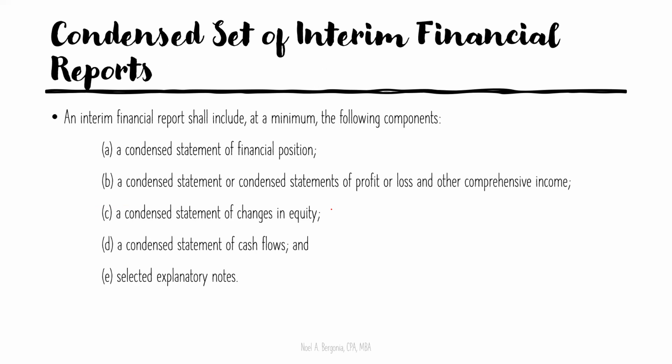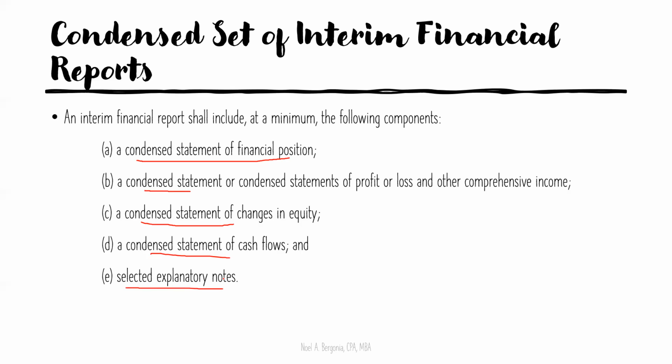So ito po yung condensed set, no? Kasi yung annual natin or the complete set, we have already discussed that in the video lecture about presentation of financial statements. Okay? So for the condensed set, it includes at a minimum the condensed statement of financial position, condensed statement of profit or loss and other comprehensive income, even condensed statement of changes in equity, condensed statement of cash flows, and selected explanatory notes lang po.